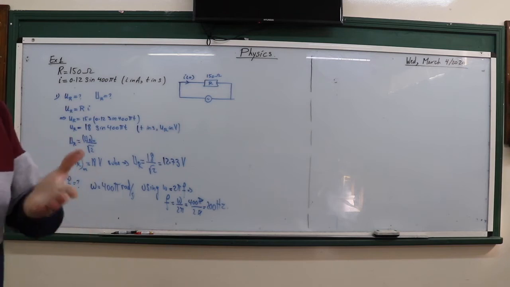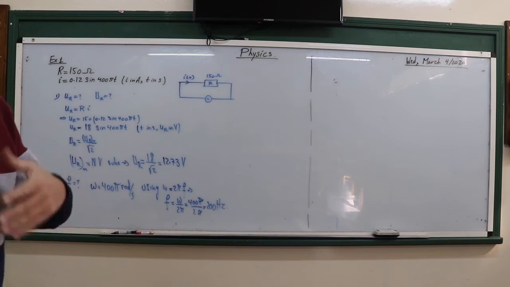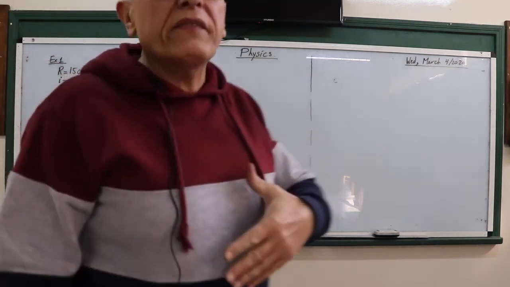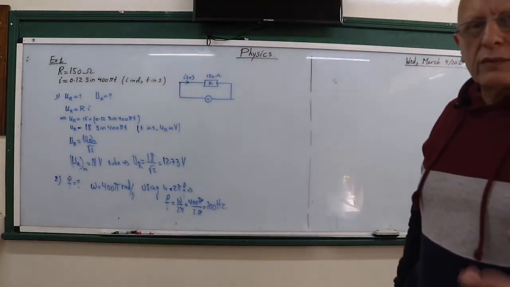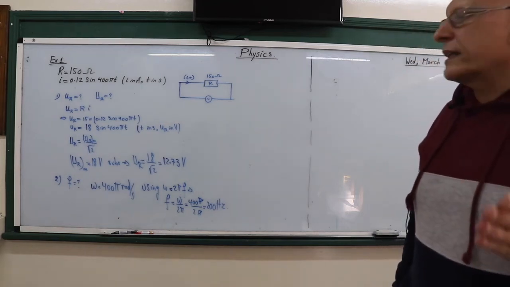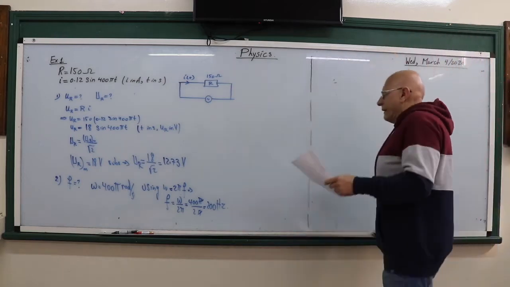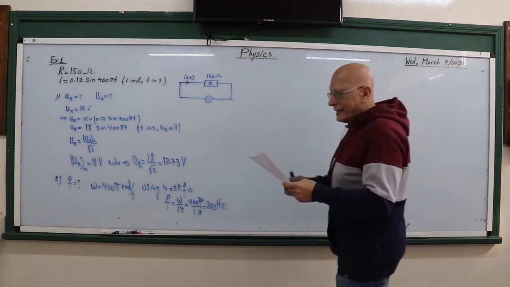When do you use the theoretical method? You use it when you don't have an oscilloscope and when you don't have waveforms. When you have waveforms, you use the experimental method. So here I use the theoretical method.